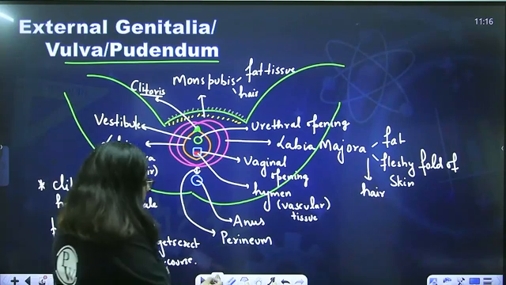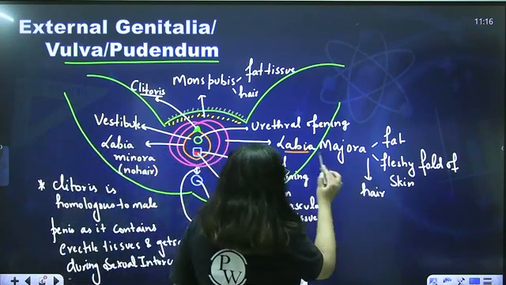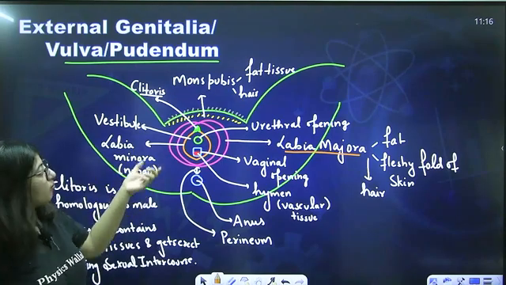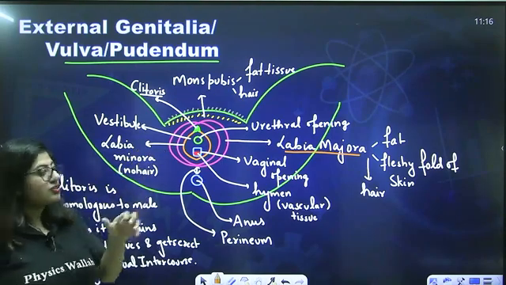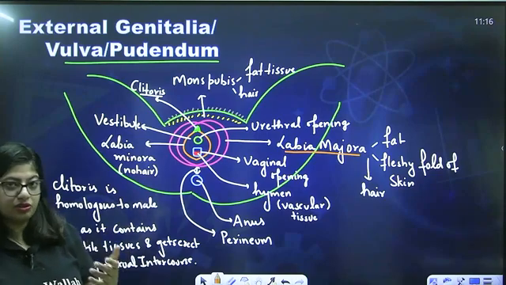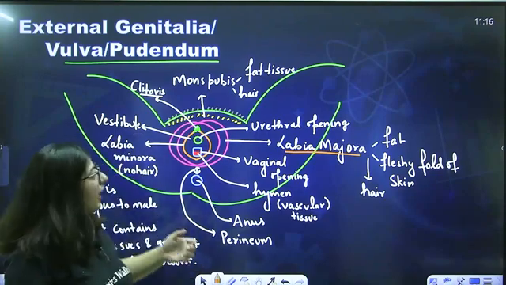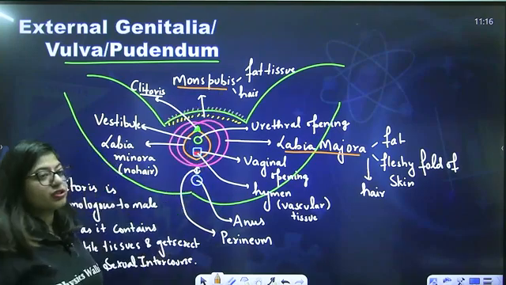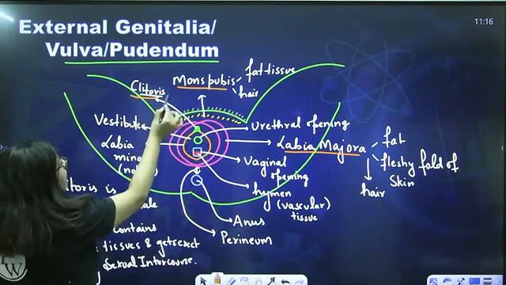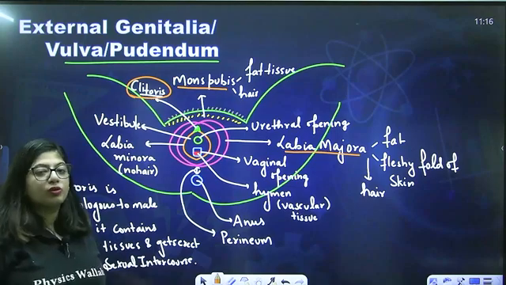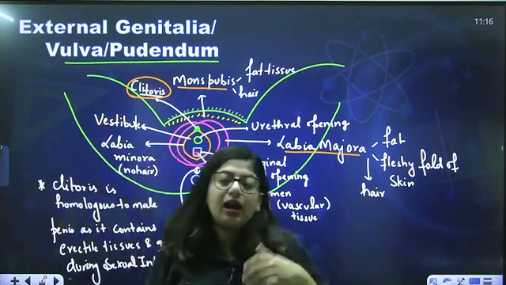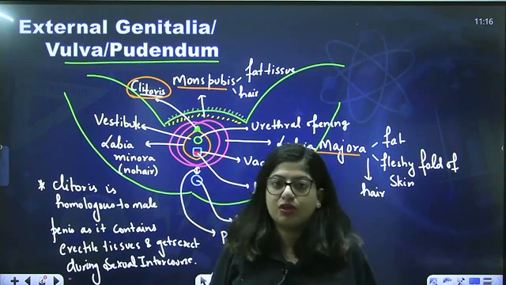Labia majora is the fleshy fold of skin which has fat and hair, and labia minora does not have any hair. Mons pubis is a fatty layer which has the function of protection of inner organs, and it contains hair as well. Whereas at the upper junction of labia minora, clitoris is present, which is supposed to be homologous to the male penis because it contains erectile tissue and undergoes erection during sexual intercourse.